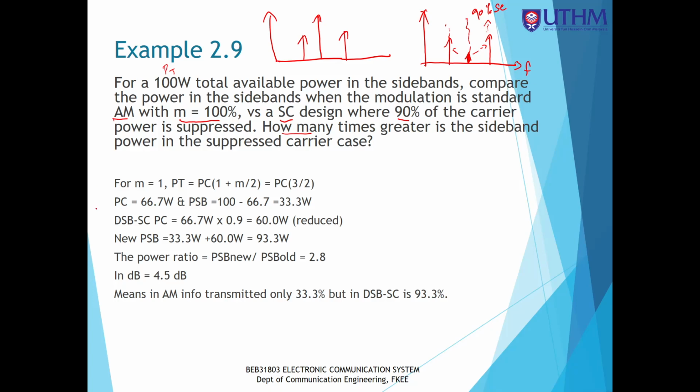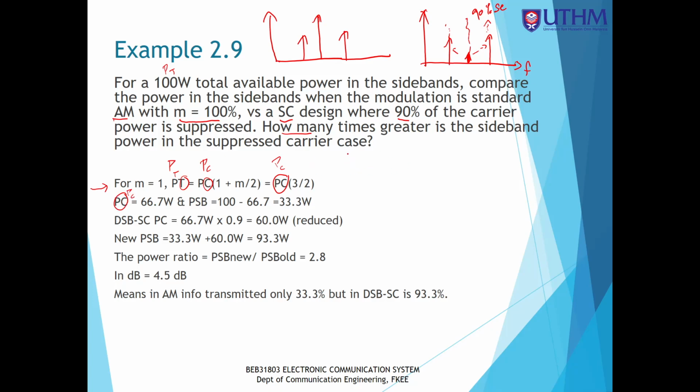So you see that here during the ideal case, this is a subscript of T, small T, and this is a subscript of C. So this is actually PT and also PC.